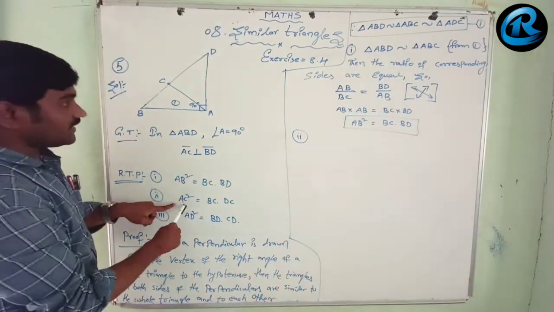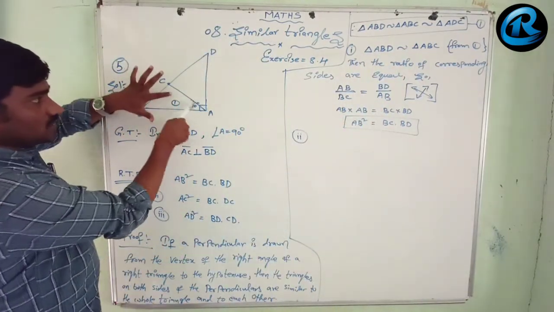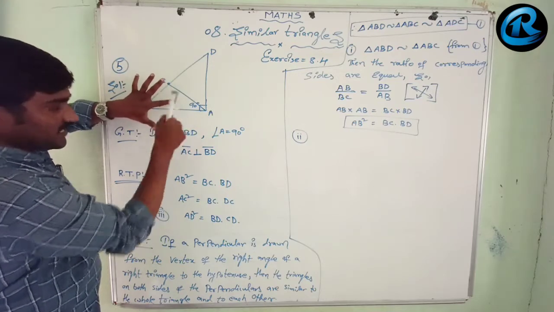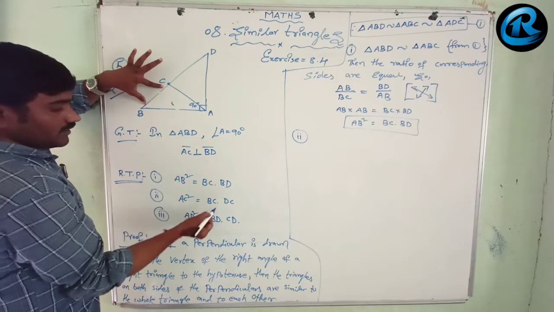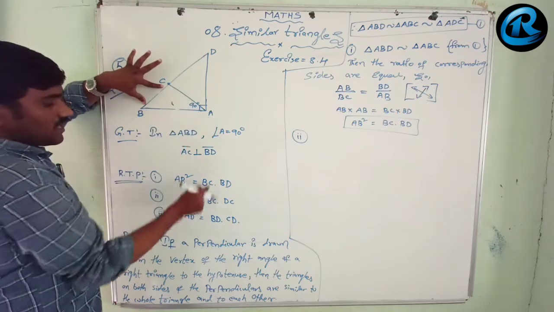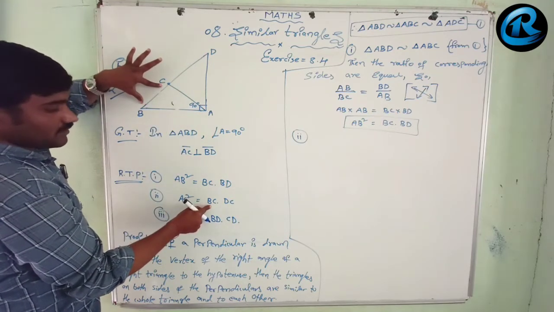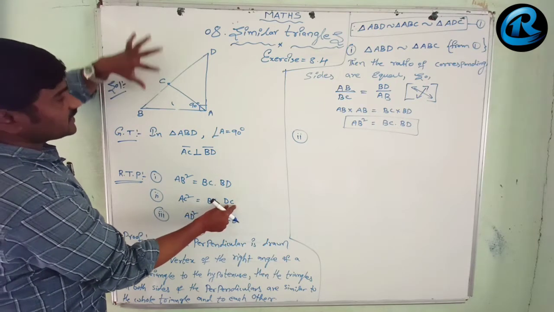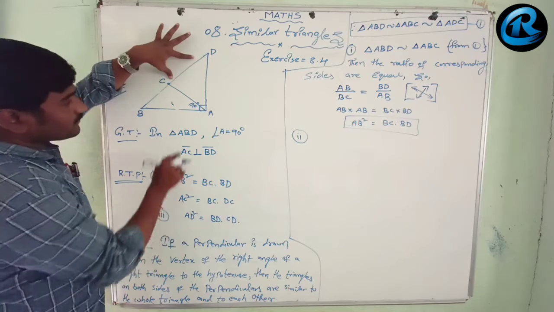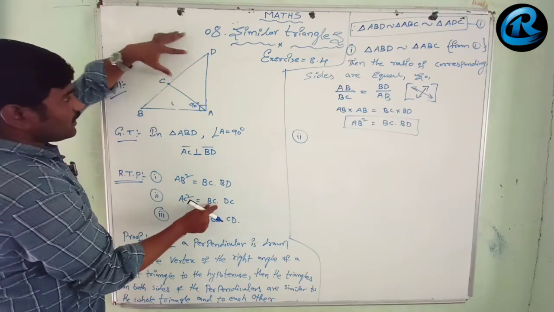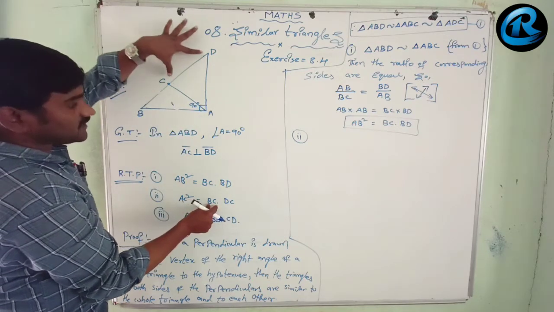First let us see side AC, this side. And BC, this side. Here AC and BC and CD. So you select AC side, BC side and CD side.